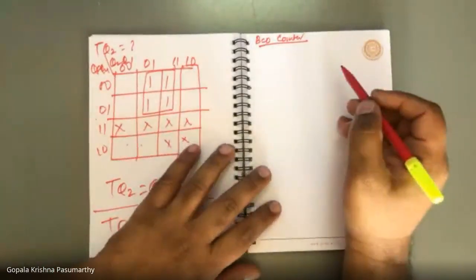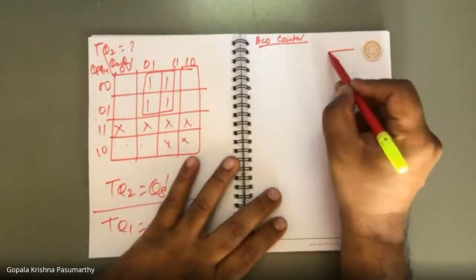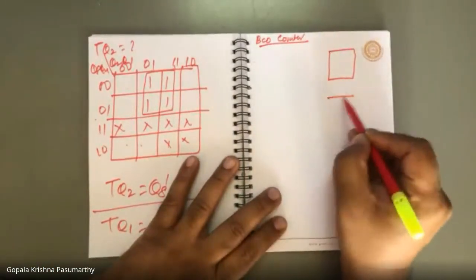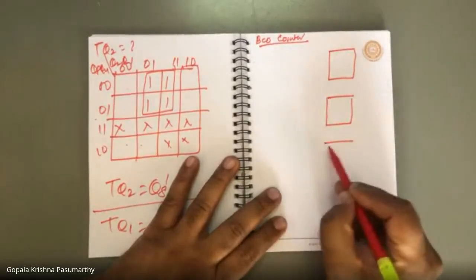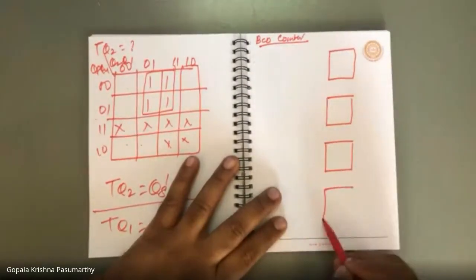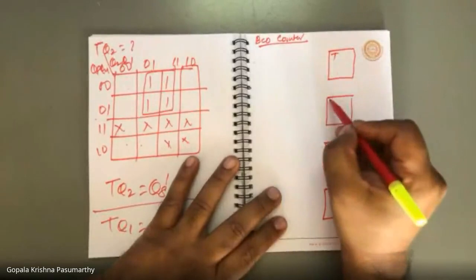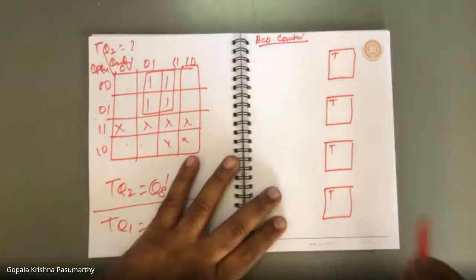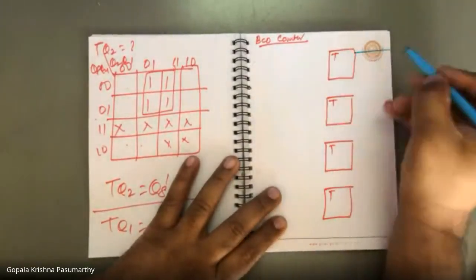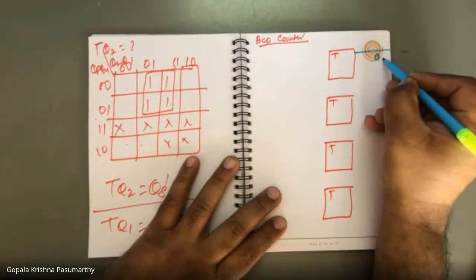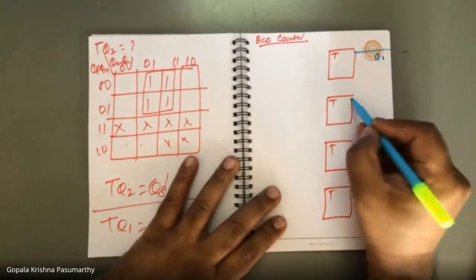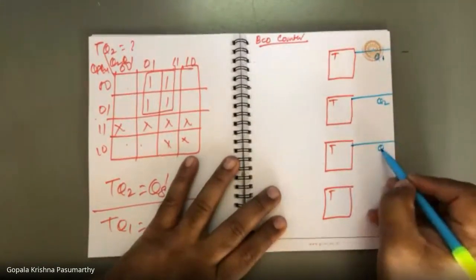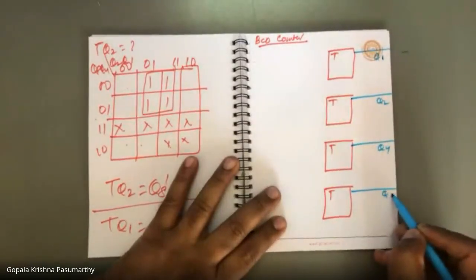Now you see the BCD counter. I am using four flip-flops, all of type T. The outputs are called Q1, Q2, Q4, Q8.